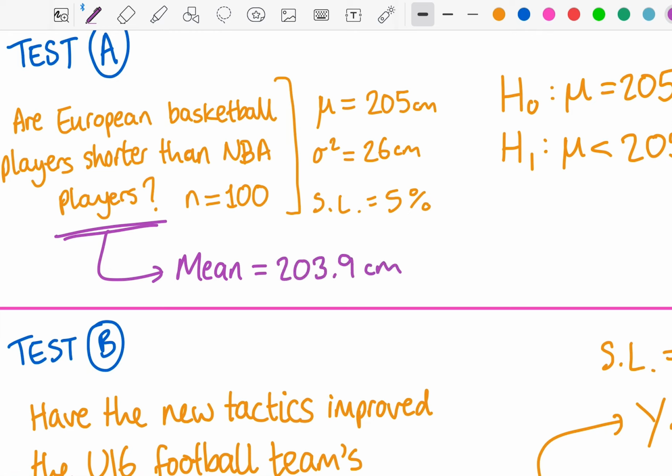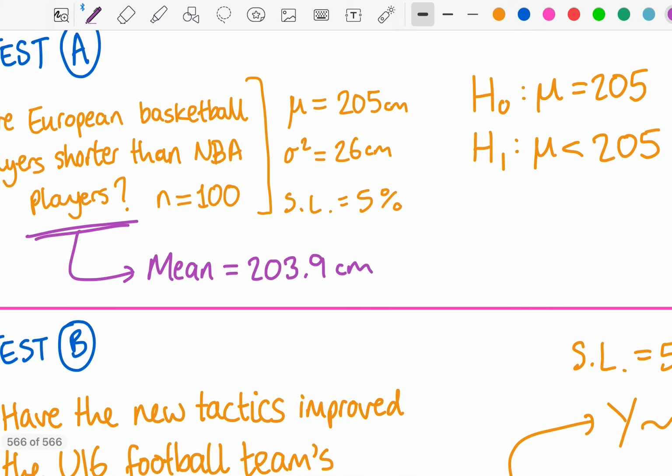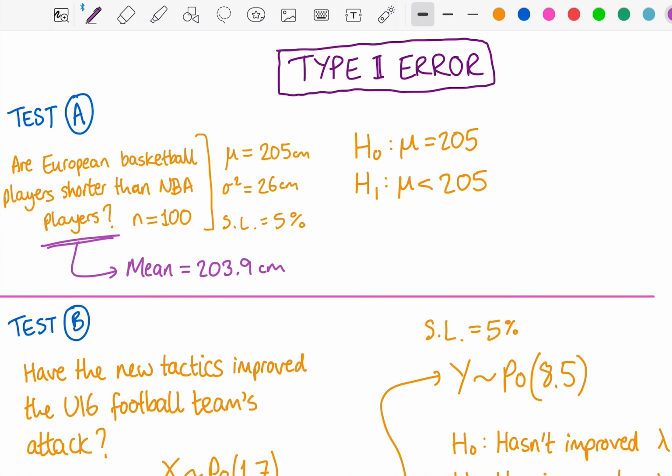The mean height, 203.9 centimeters. What's the probability of making a type 2 error, which is basically the probability of not spotting that, not concluding that they are indeed shorter on average?